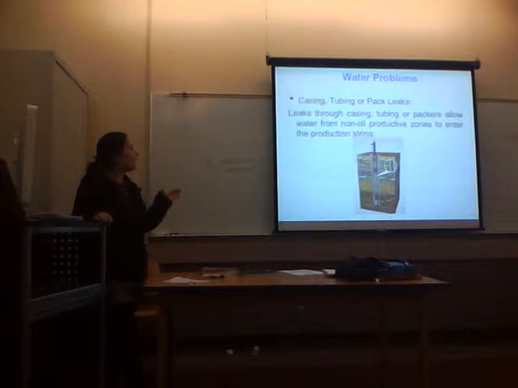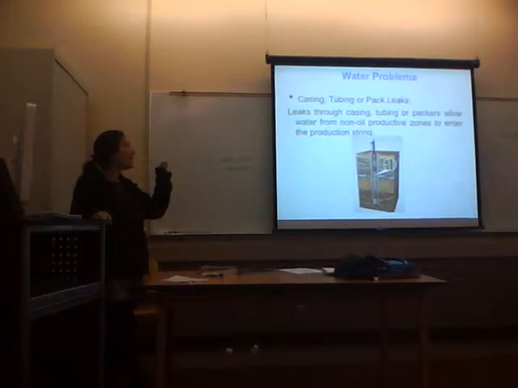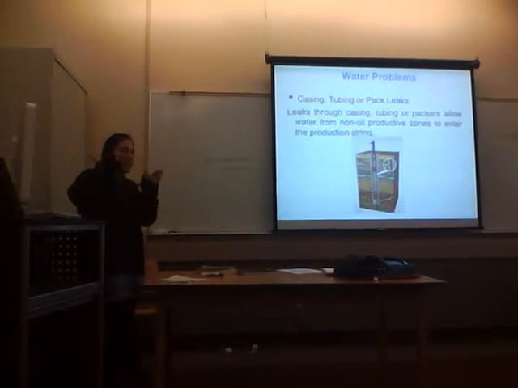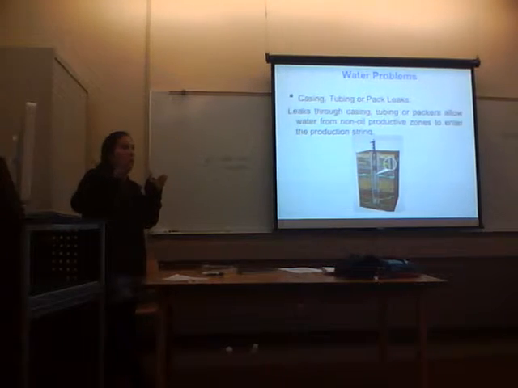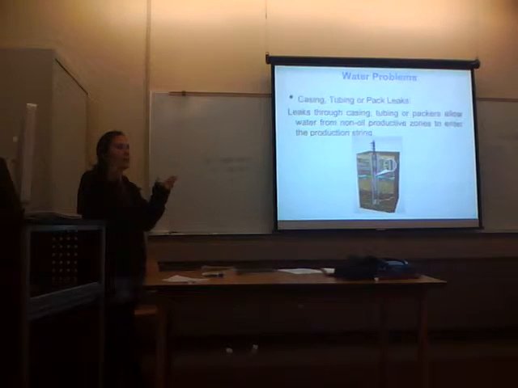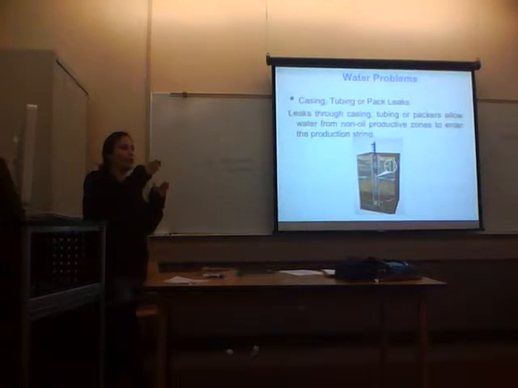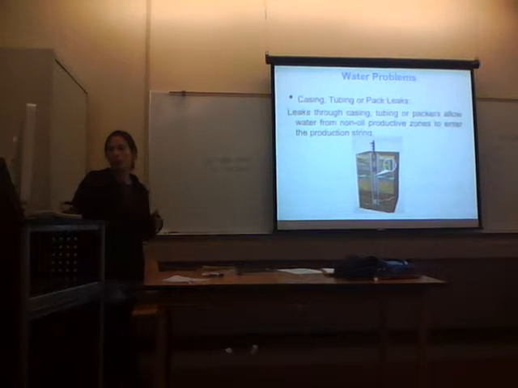But if there is any leak between the casing and the formation or reservoir, because of the density of the water, the water can rapidly break into the oil, so it can be mixed.